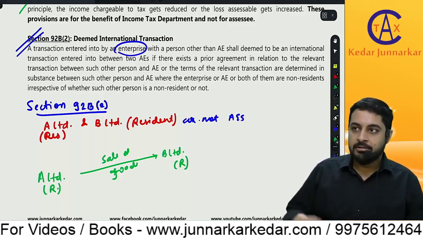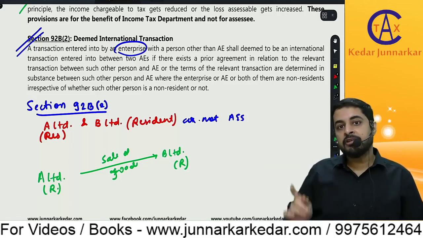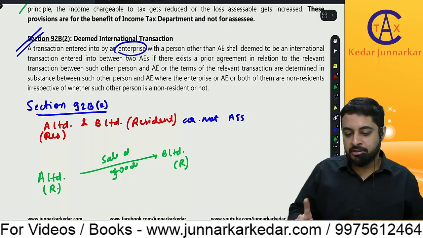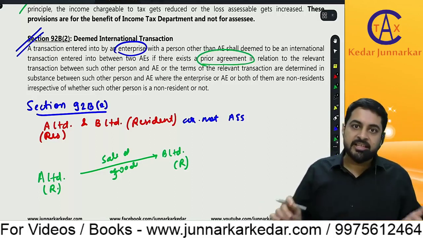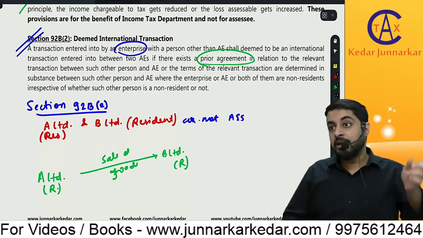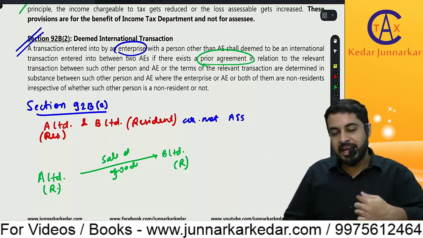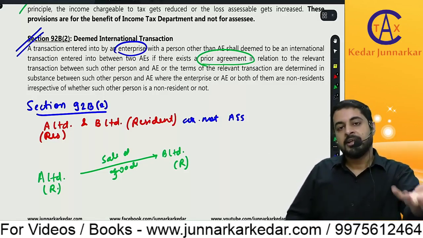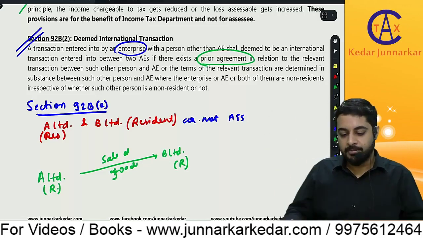What tax planning do I do? I sell to you and you sell it to C Limited, and it is already predetermined, already known that once I sell it, there is a prior agreement between such other person, meaning B Limited, and C Limited. So there is already a prior agreement that when A Limited sells to you, meaning B Limited is purchasing from A, the same goods will be resold further, or after processing.